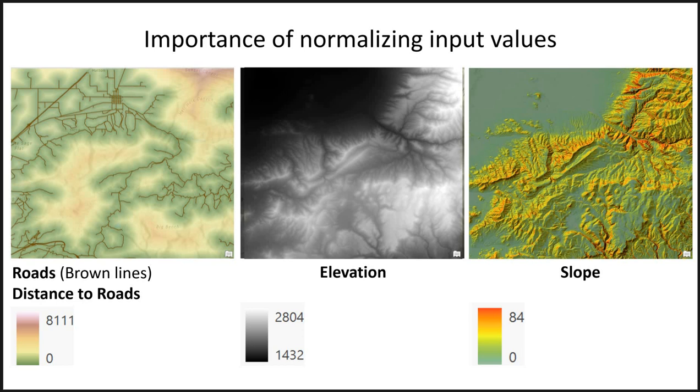So we're going to be biasing and underrepresenting slope changes if we use the raw values. So the input values need to be normalized to control for differing units of measure. And the easiest way to do that is to classify the ranges of values into levels of suitability.